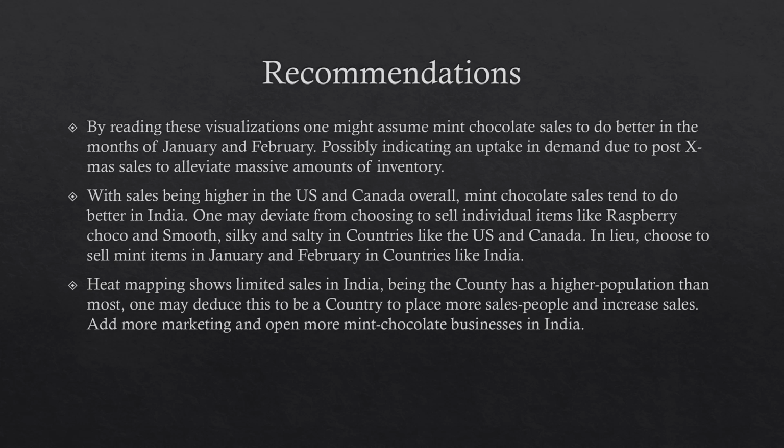One may deviate from choosing to sell individual items like raspberry choco and smooth, silky, salty in countries like the US and Canada. In lieu, choose to sell Mint items in January and February in countries like India. Heat mapping shows limited sales in India, despite it being a country with a higher population than most. One may deduce this to be a country to place more salespeople and increase sales, add more marketing, and open more Mint chocolate businesses in India.